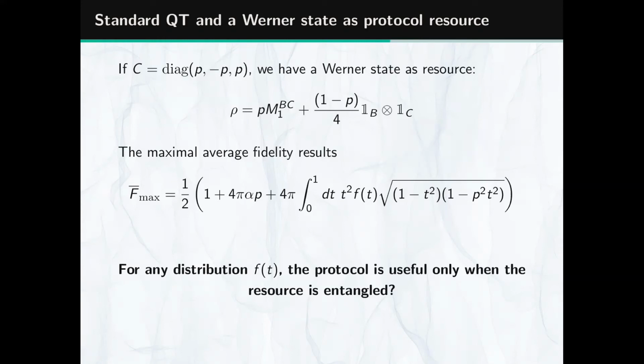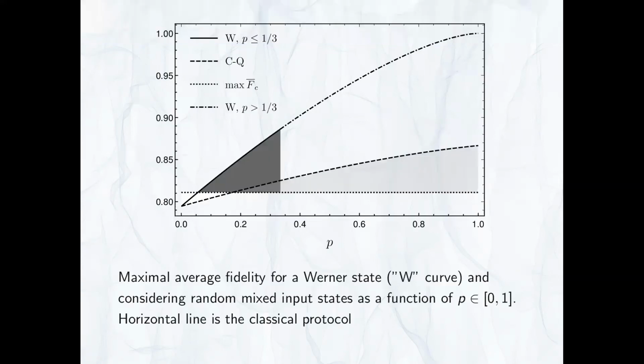The protocol is useful only when the resource is entangled, and the short answer is no. In order to see that, here we have the standard quantum teleportation protocol score, the maximal average fidelity, and the shaded part is separable states, separable Werner states.